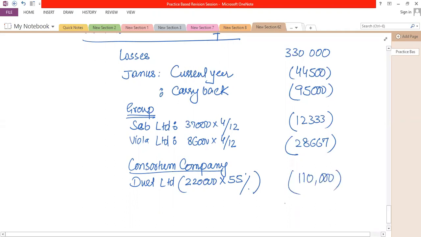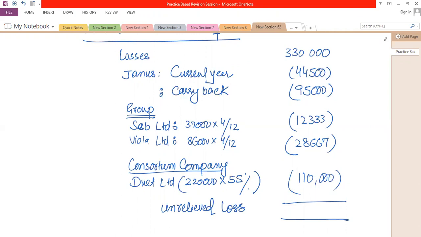So can you calculate how much unrelieved loss needs to be carried forward? This is the summary of my method. So accordingly, I have 39,500 of losses left to be utilized as carry forward.